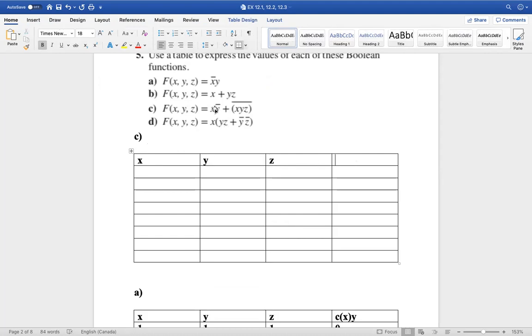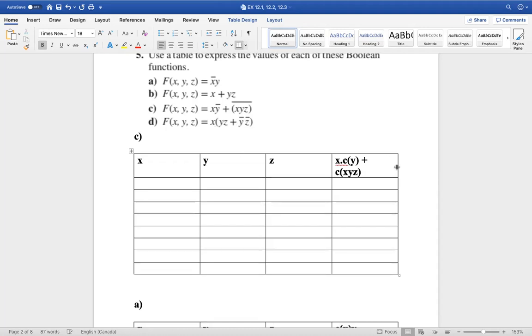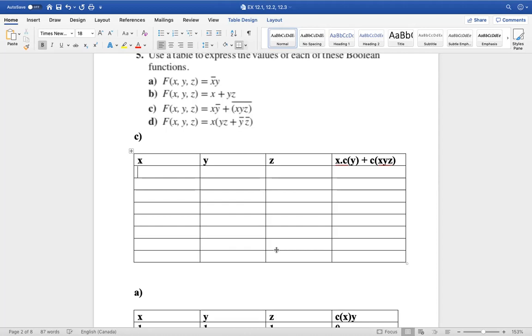Here we have x as 1, 1, 1, 1, 0, 0, 0, 0. Then y as 1, 1, 0, 0, 1, 1, 0, 0. And z as 1, 0, 1, 0, 1, 0, 1, 0.